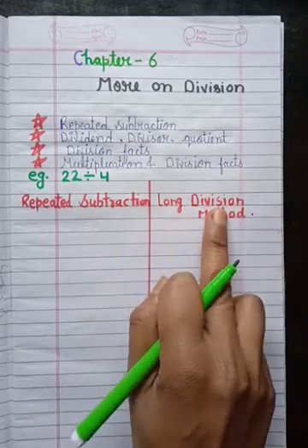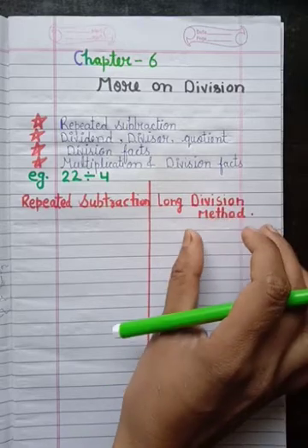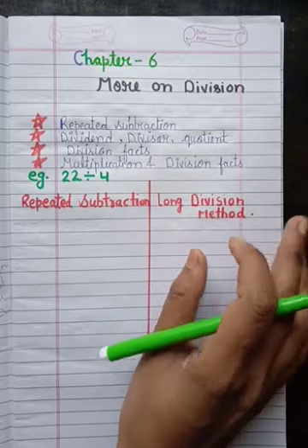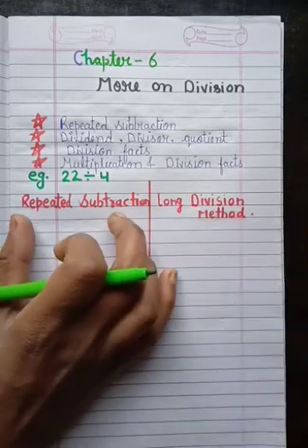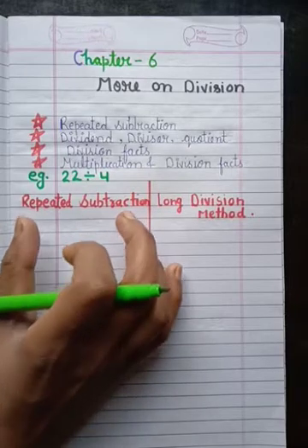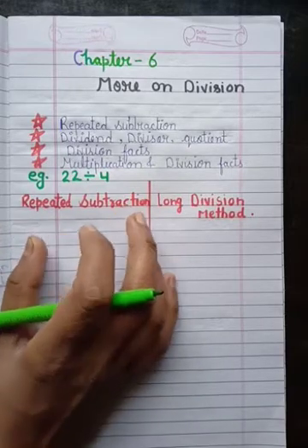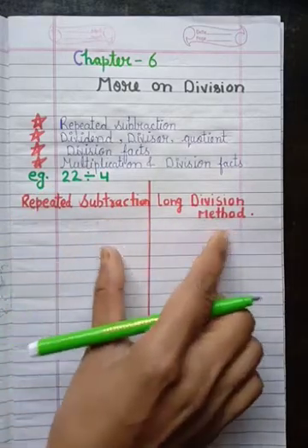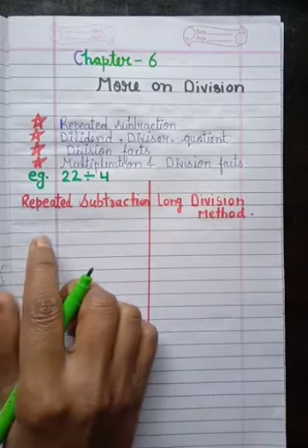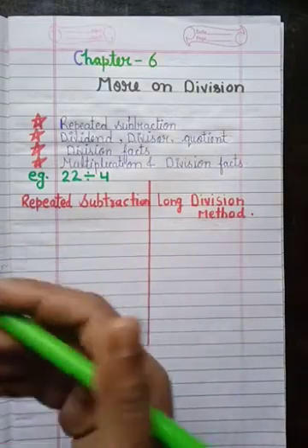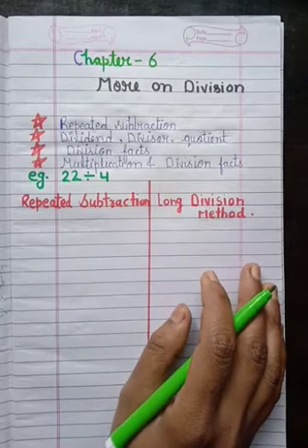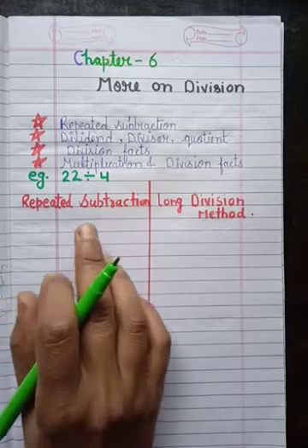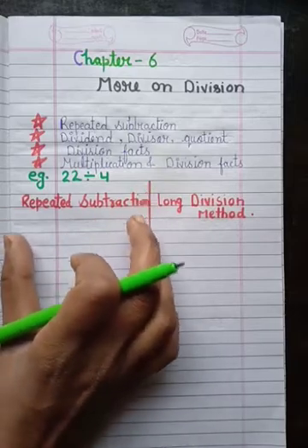Long division is the most common method, and we use it to solve big questions, while we use repeated subtraction for small questions. Today we will also learn one more term. What is the concept of repeated subtraction? We subtract the divisor repeatedly.